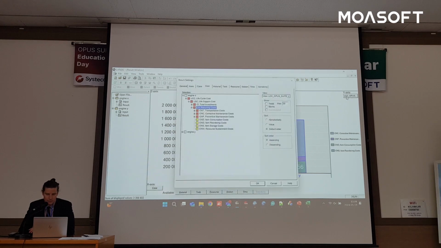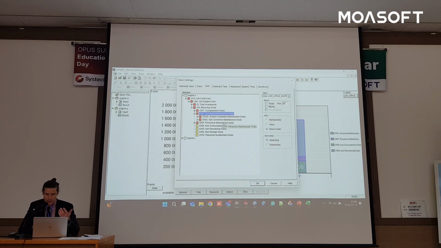And then of course we can continue there, I go down one level, and if I select only the CM costs here for corrective maintenance costs, I'll see the two sub costs of that one. You remember that we can break down this cost breakdown structure according to how we build it up.